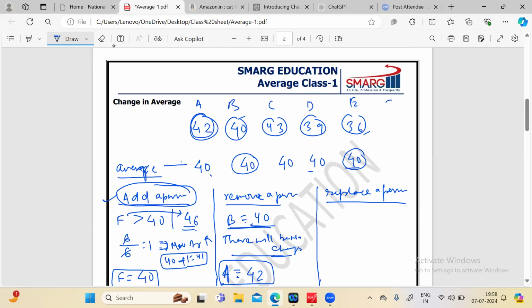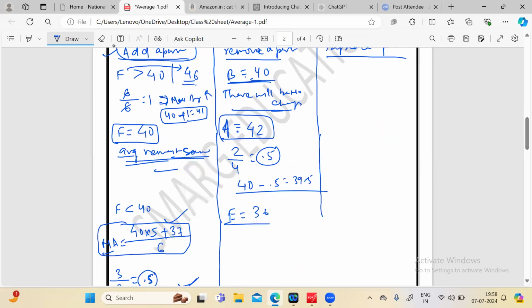So if E leaves the group, it will leave 4 to us, because if E leaves, it will leave with the value of 36 and it was assigned 40. So it will give 4, which we will distribute to everyone. So the distribution will be 4 by 4, which is 1 to each. And the new average will be 40 plus 1, 41.